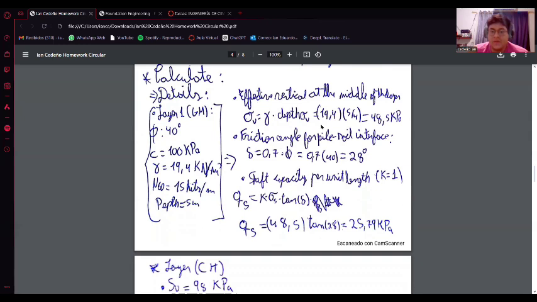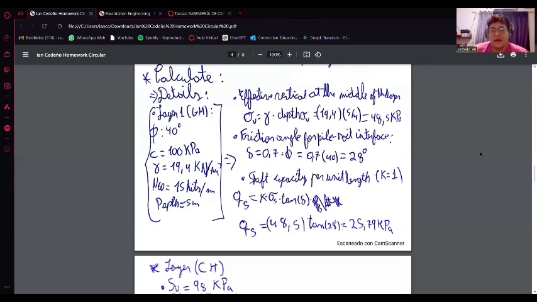We have this formula, and we're going to replace it with the real numbers. That is 19.5 multiplied by 5/4. We're going to have 48.5 kilopascal.